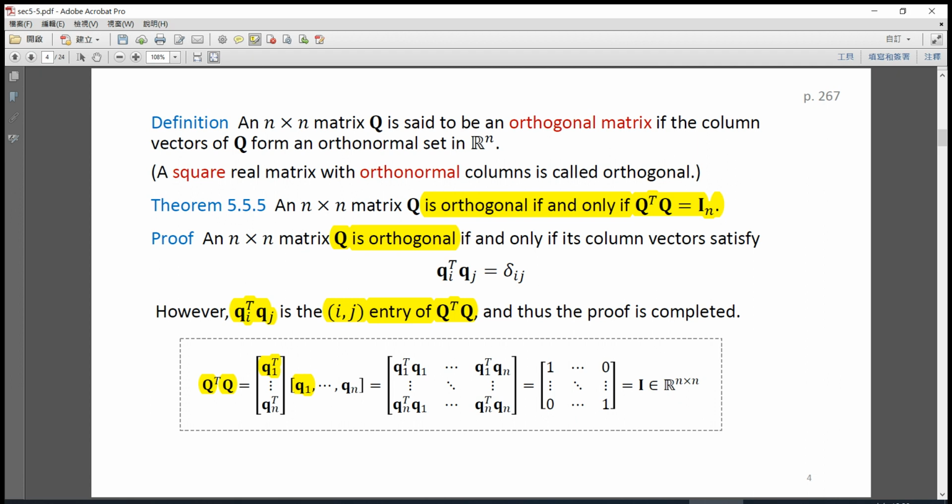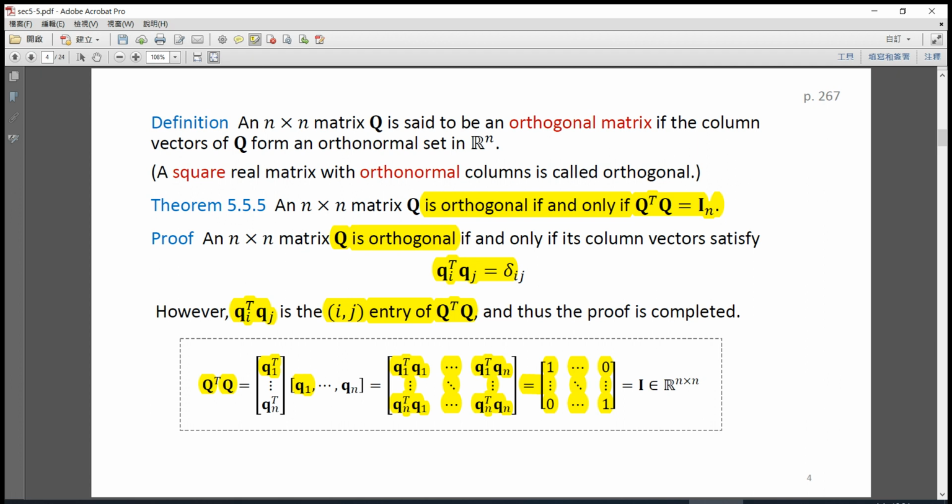Then we have Qi transpose Qj equals delta ij, and delta ij equals 1 whenever i is equal to j, and delta ij equals 0 whenever i is not equal to j. Hence, we have Q transpose Q equals the identity matrix, because the diagonal entries are all equal to 1, and the non-diagonal entries are all equal to 0, which is the identity matrix.